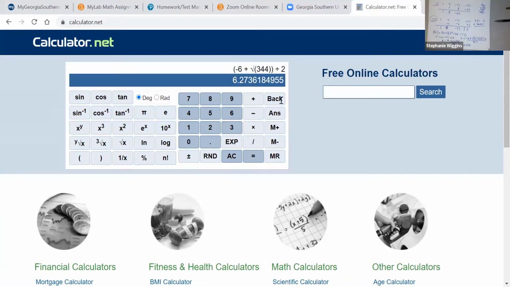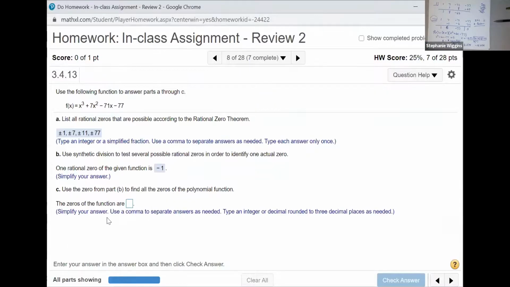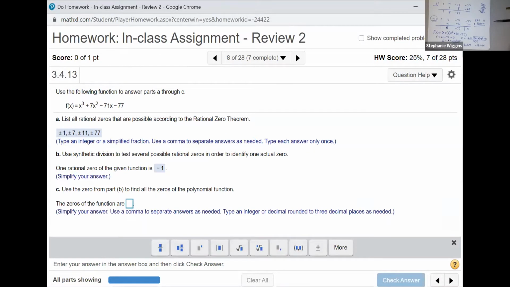And if I go back and do a minus the square root of 344, and then that whole thing divided by 2, we get negative 12.274. So we have negative 1, comma, 6.274, comma, negative 12.274.